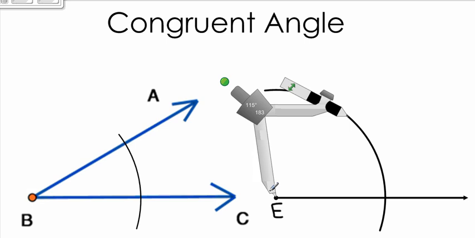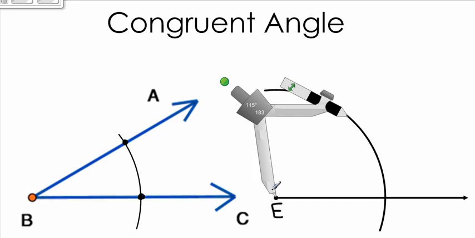And now I'm going to move my compass back over to my original angle. I'm going to draw points right where my intersection occurred with my arc and my lines.